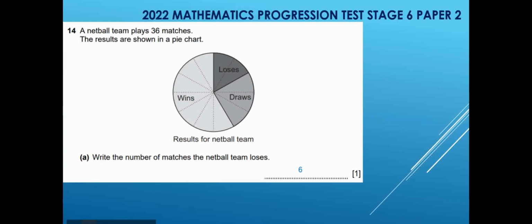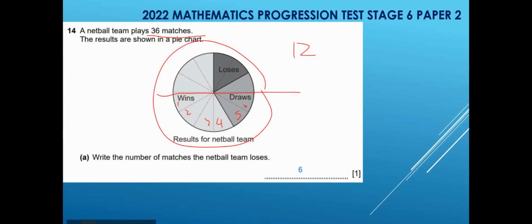How does it work? The keyword is 36 matches, so we take the half circle. The half circle consists of 1, 2, 3, 4, 5, 6, which means altogether there are 12 sections that represent 36 matches. So one section is 1 unit, which is 36 divided by 12, which equals 3.